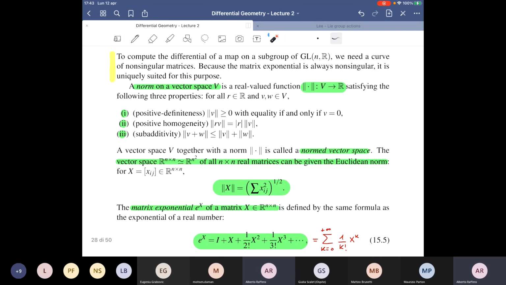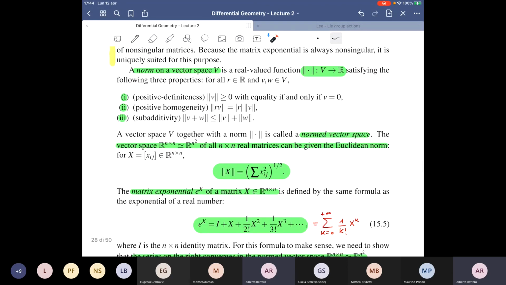So to define it, you will need this data. We have to start with a vector space with a norm. Let's see this briefly. These should be some well-known notions. A norm is a function on the vector space which satisfies these three requirements.